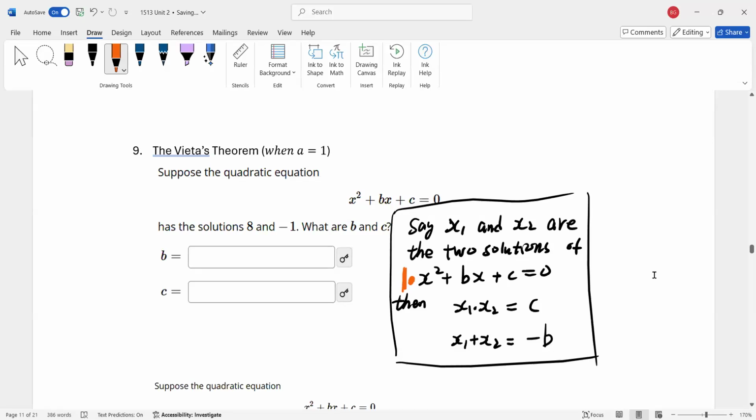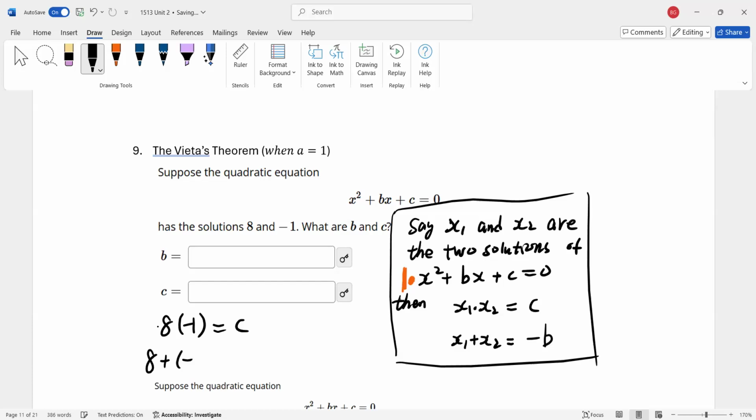The problem says, suppose the quadratic equation x squared plus bx plus c equals 0 has two solutions, 8 and -1. What are b and c? By applying the theorem here, we know the two solutions multiply to c.